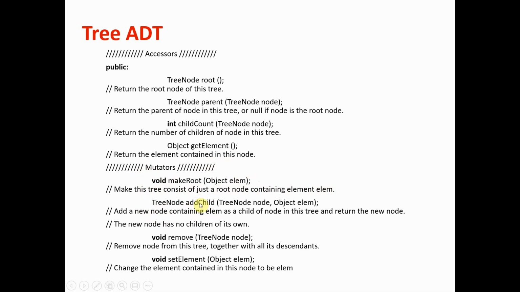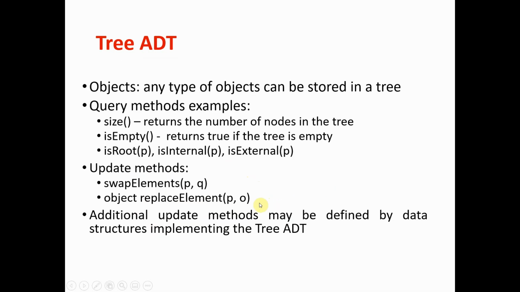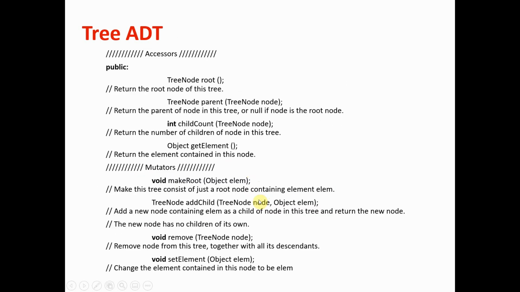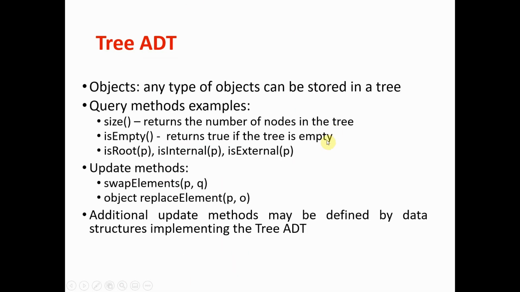Another one is adding a child to a specific node with a given element value. Remove a node, set an element value for a certain node, and so on. These are different member functions that you can consider to declare and define for your tree class.